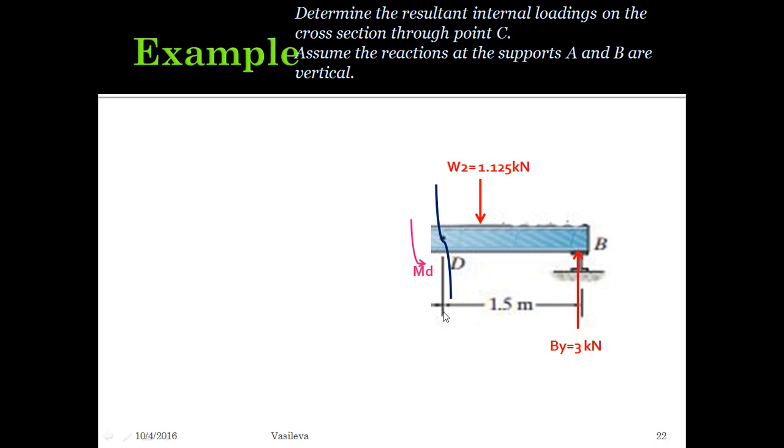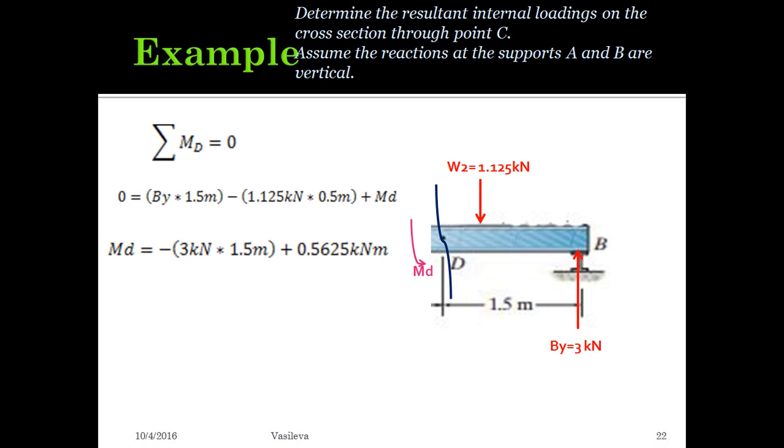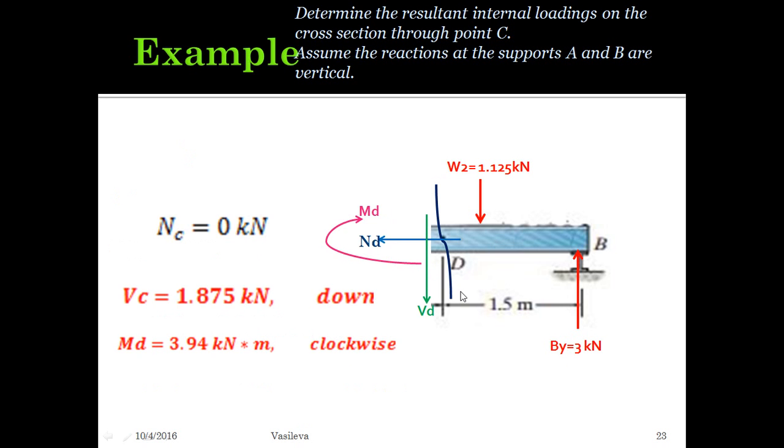And here I'll show you if I drew it the other way, and do the summation. In this case, MD is rotating counterclockwise, so it's positive MD, and still you end up with MD equals negative 3.94 kilonewton-meters. So that tells you that it shouldn't be counterclockwise, it should actually be clockwise. That should prove to you again that no matter how you draw it, you should end up with the correct direction and the correct magnitude.